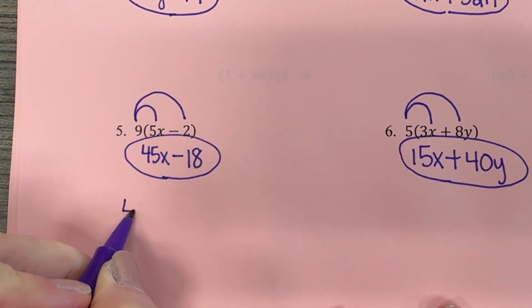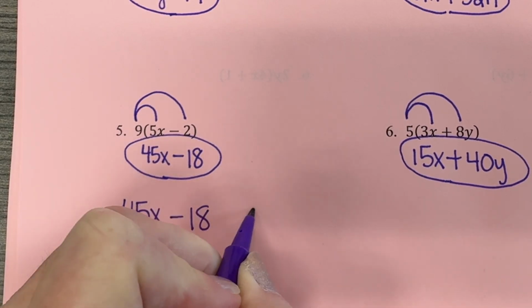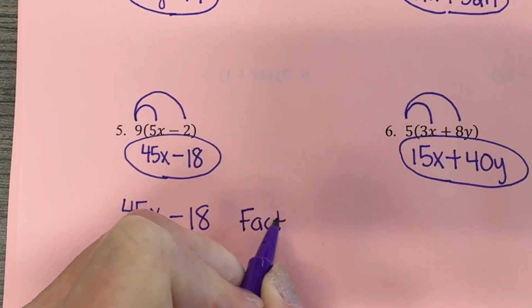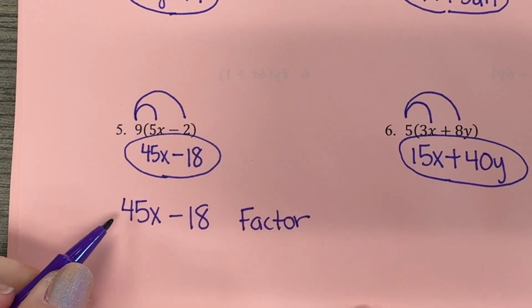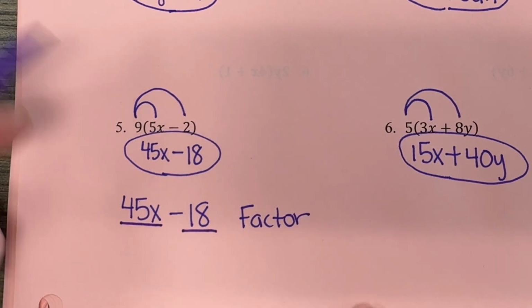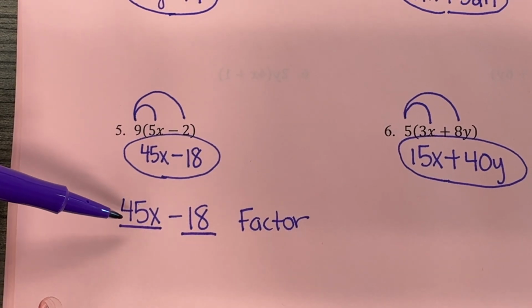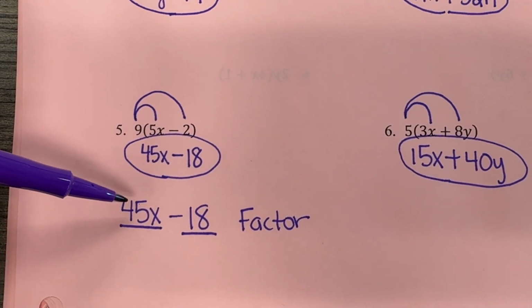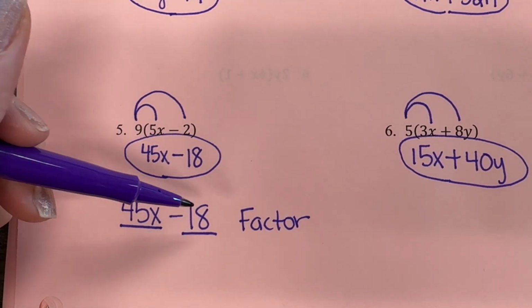If I had started you off with 45x minus 18 and said factor, you would have said, okay, I need a greatest common factor, or a GCF. What's the biggest number I can divide both a 45 and an 18 by?